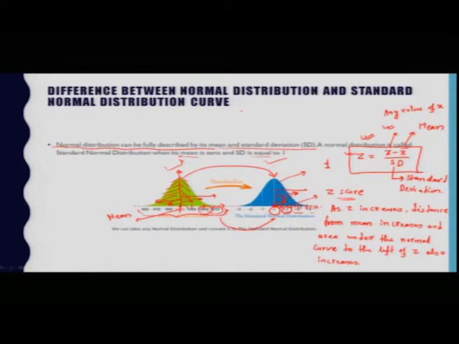So, if standard error is SE, we can calculate it with the help of standard deviation, and in the denominator square root of n, where SD is the standard deviation of the mean, and n is the number of people measured in any anthropometric survey.